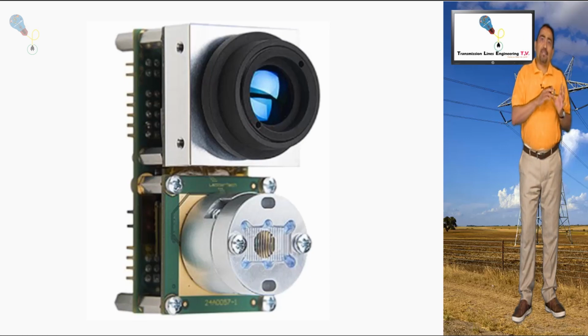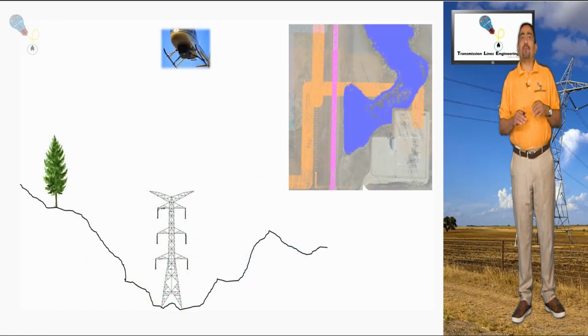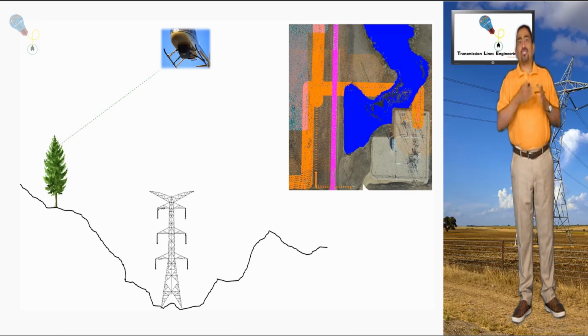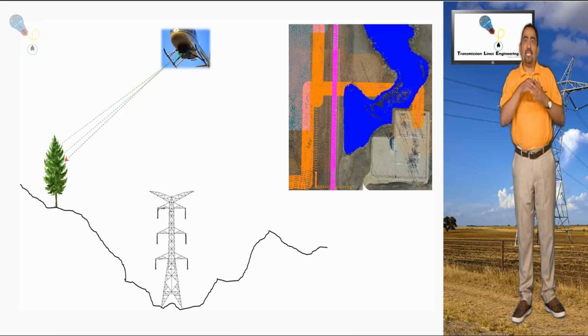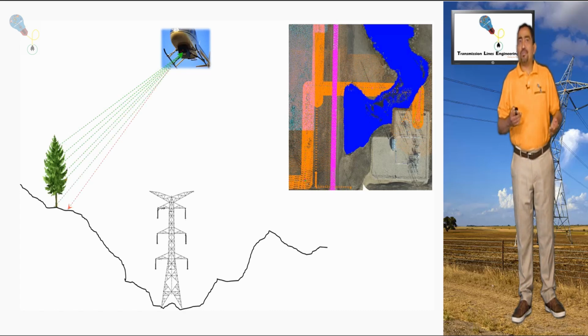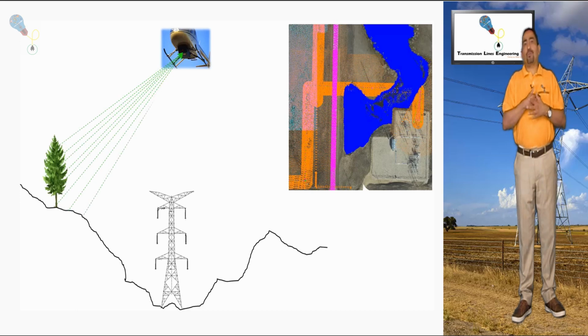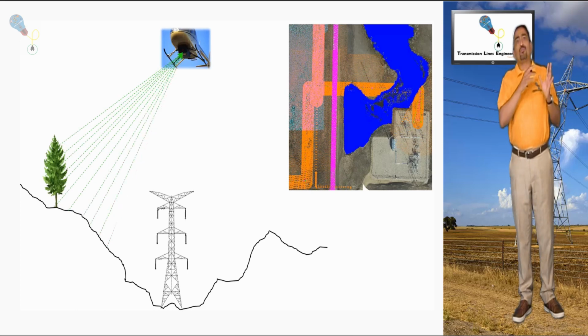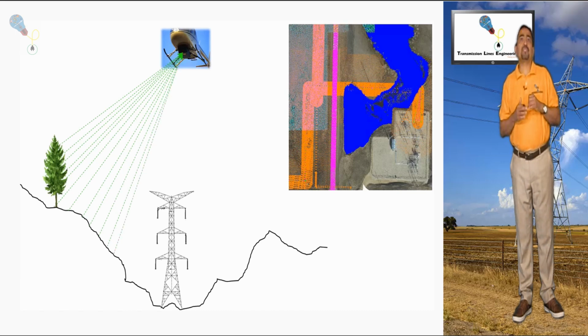As the aircraft flies over the alignment of the transmission line, the scanner emits a light beam which stops to detect any object on the ground surface. It might be a point on the ground, vegetation, cable, structure, anything. The light beam travels back to a device in the scanner called a detector.